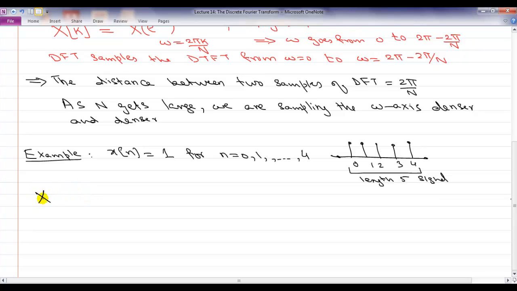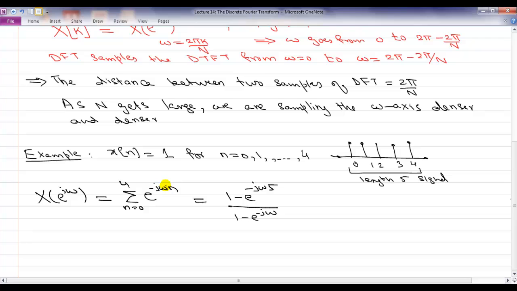So let's compute the DTFT of this. The DTFT is simply summation n from 0 to 4 e to the minus j omega n, which is equal to, for little omega not equal to 0, 1 minus e to the minus j omega 5 over 1 minus e to the minus j omega. I'm just using the geometric sum formula.